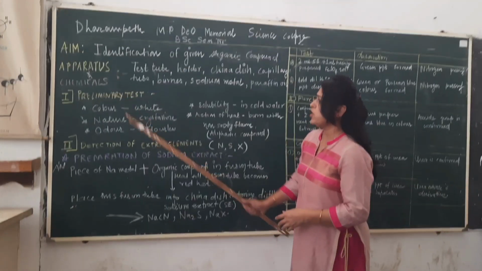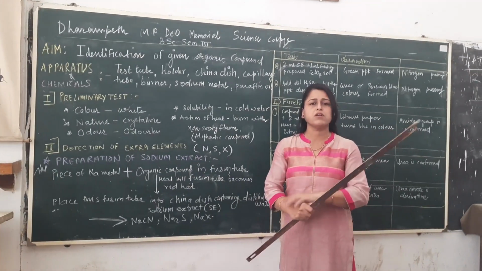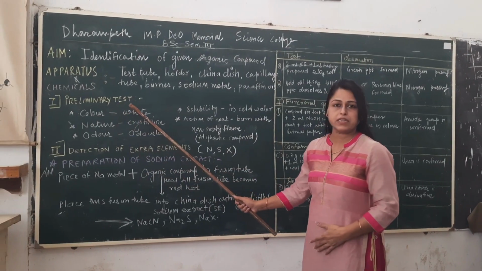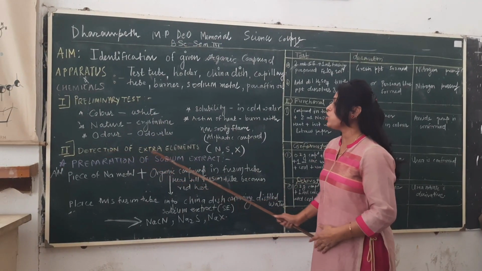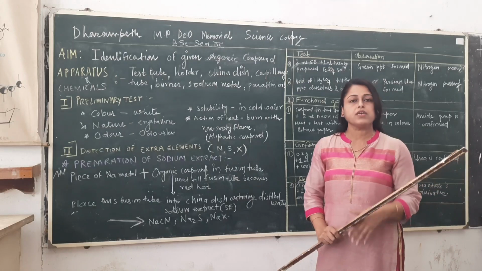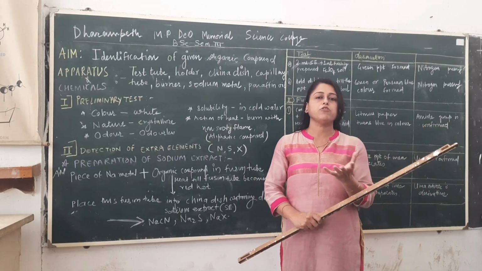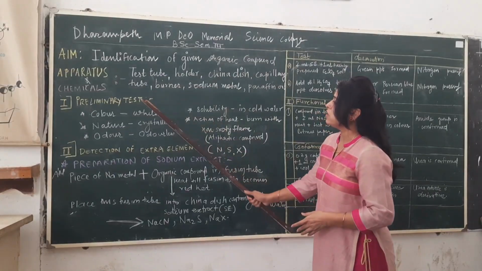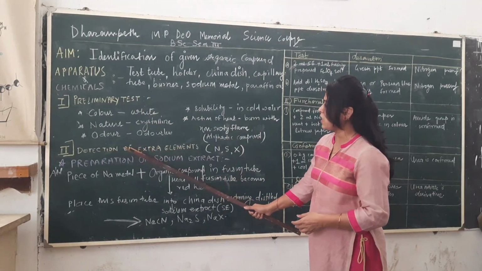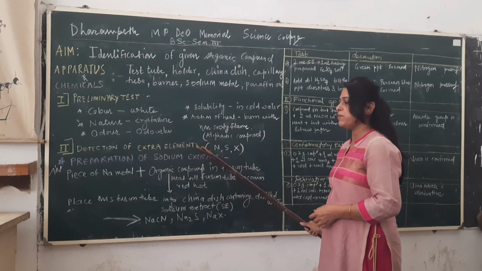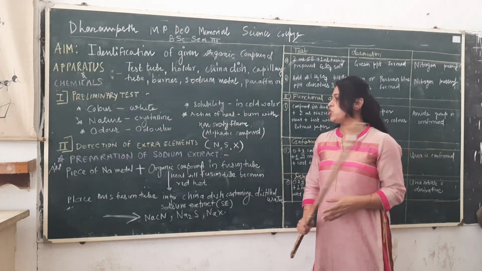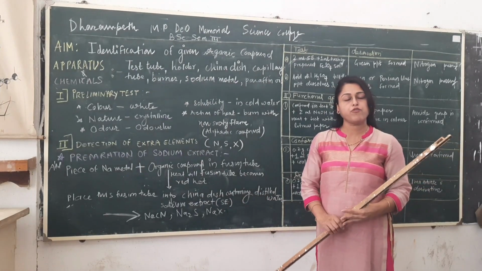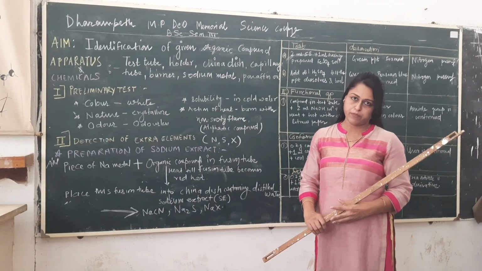So in order to detect this compound, there are many different tests, such as the preliminary test, then detection of extra elements. The extra element may be nitrogen, sulfur, or halogen present in the compound. So first is the preliminary test, the second step will be detection of extra elements, and for that we will prepare the sodium extract from sodium piece and our compound.